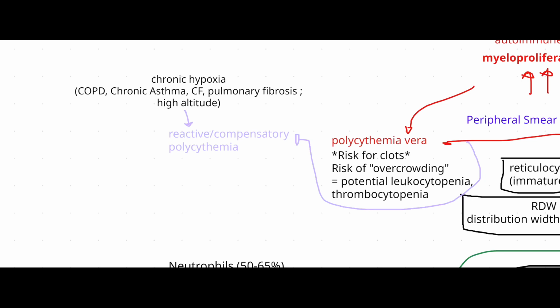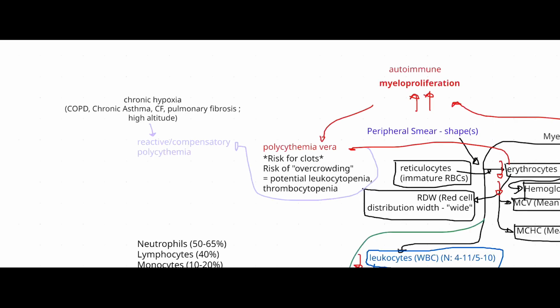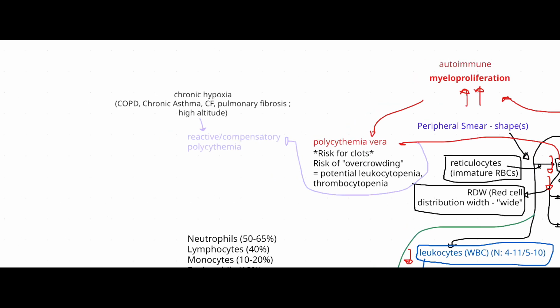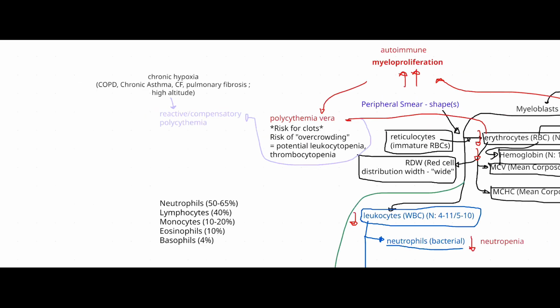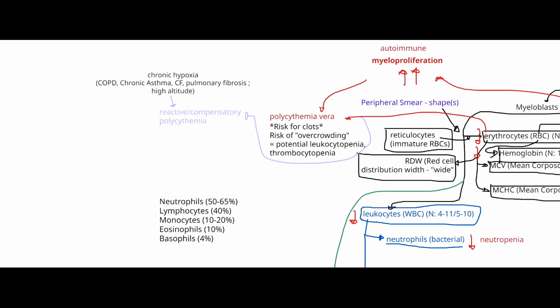Okay, so this is okay, but also note that you will see that in COPD, so any of these chronic conditions. Along those lines, your reticulocytes is also going to increase in these same conditions as a compensation. Because they're producing more RBCs, there's going to be a lot more baby RBCs in the blood.